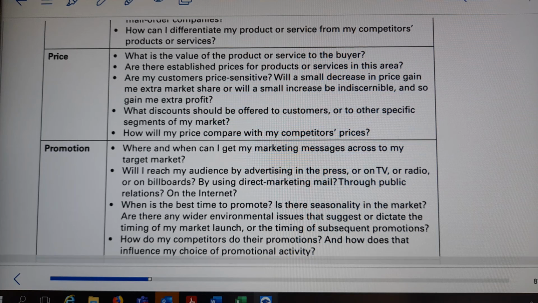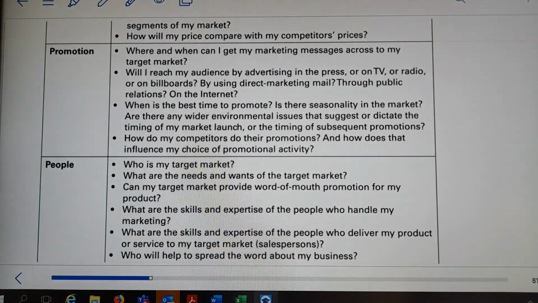And then the second last P to look at is promotion, which is the fourth P. Where and when do I get my marketing messages across to my target market? And will I reach my audience by advertising in press or on TV or on radio or on billboards? By using direct marketing mail, through public relations, or on the internet?